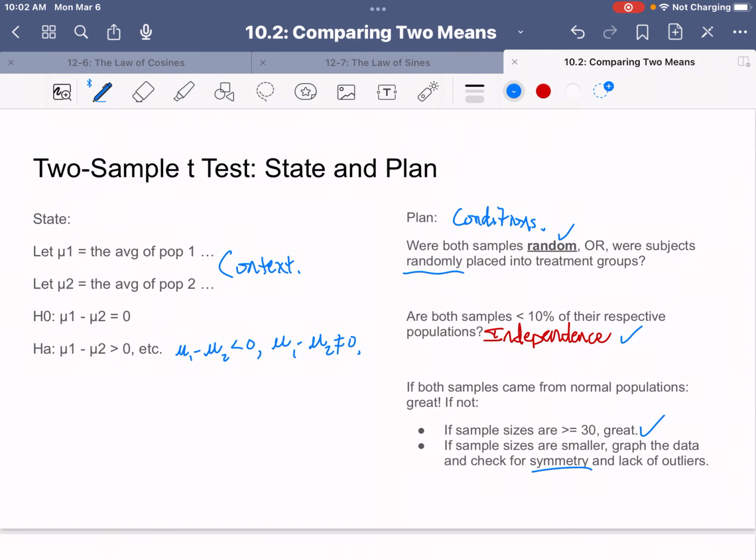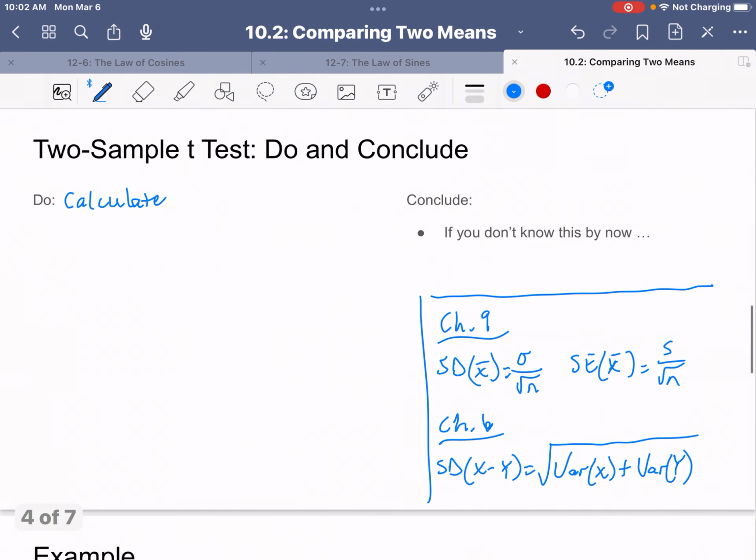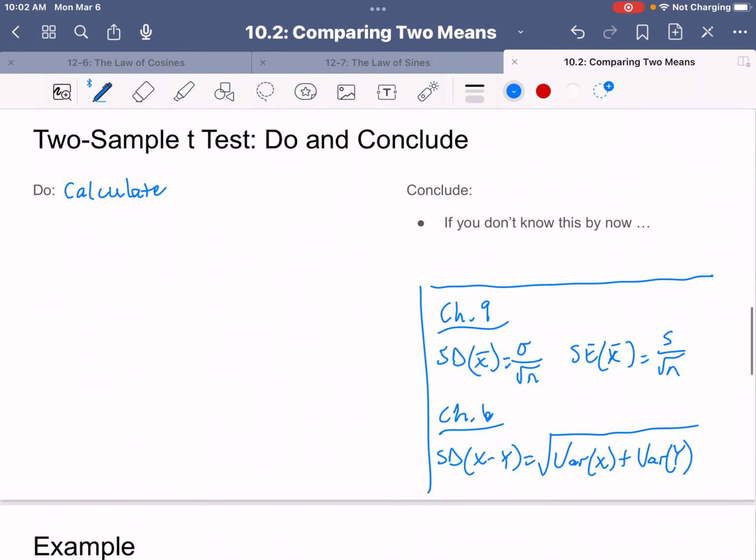Again, this should sound completely familiar to you. So, now all we have left is the do and conclude. And as I say right here, you already know how to draw conclusions based on how the p-value compares to the alpha level. So we don't need to go through that until we just do some examples.